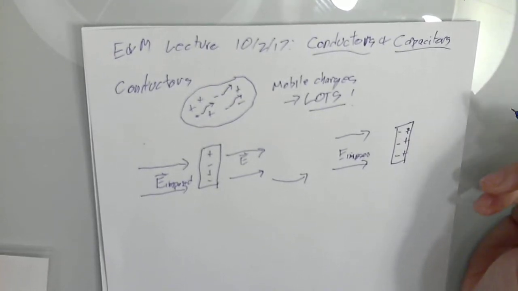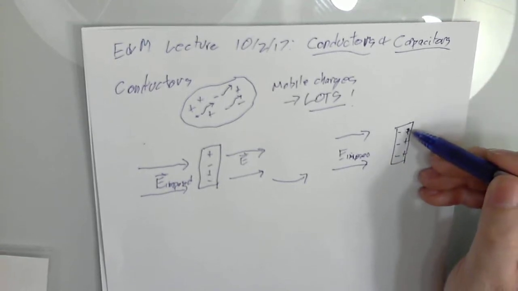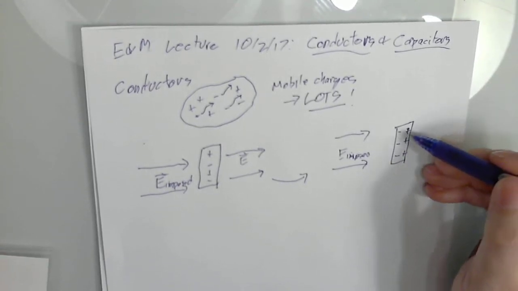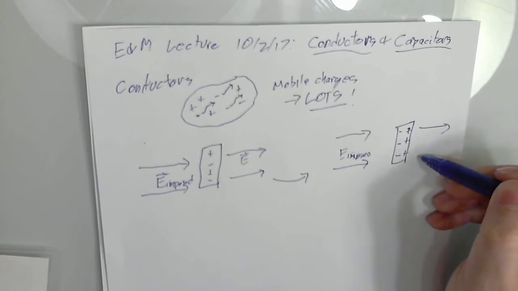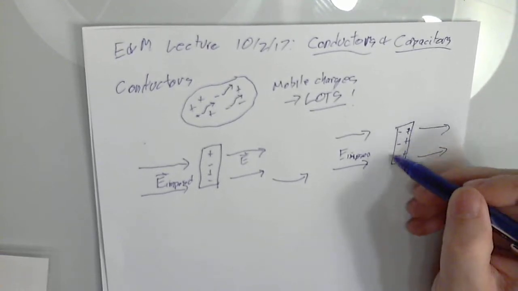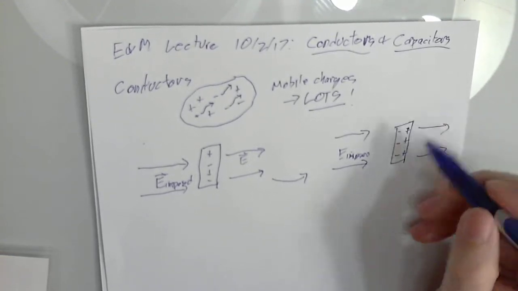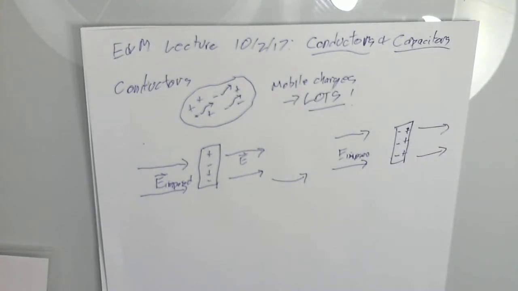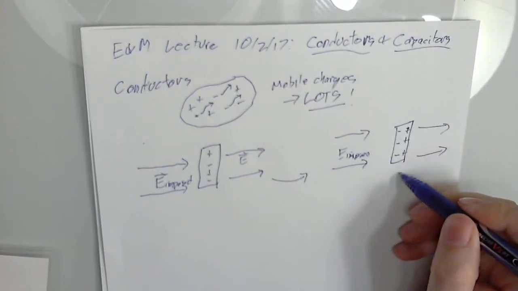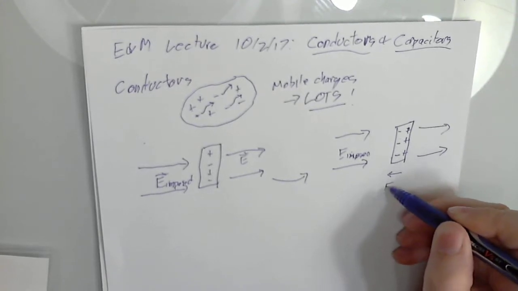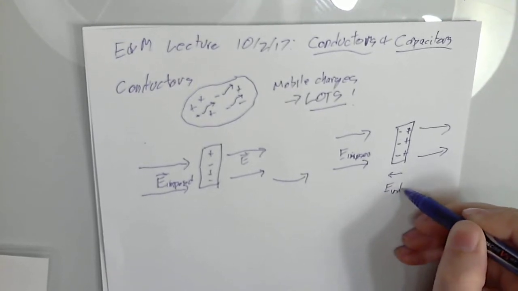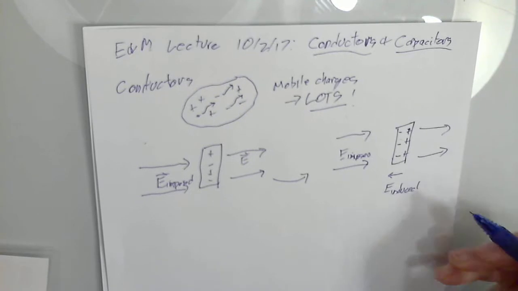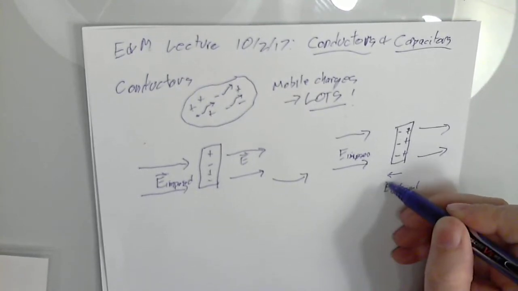The net effect of this is, remember, electric fields point away from positive charges and towards negative charges. And so within the meat of the material, the material itself creates its own induced electric field, which points the opposite direction.